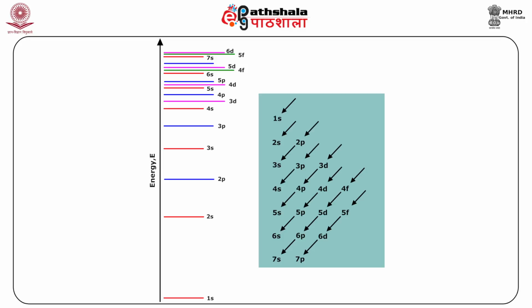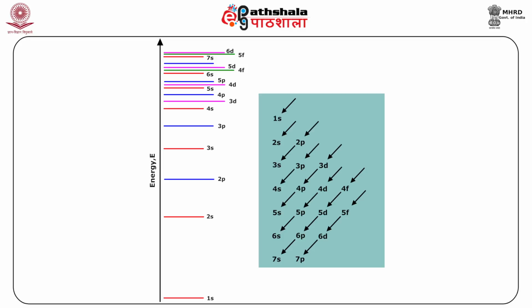In order to find the energy of the orbitals, their n plus l values should be determined. The orbital having lower n plus l value is of lower energy, and if the value is the same for any of the two orbitals, the orbital with lower n value will be lower in energy.